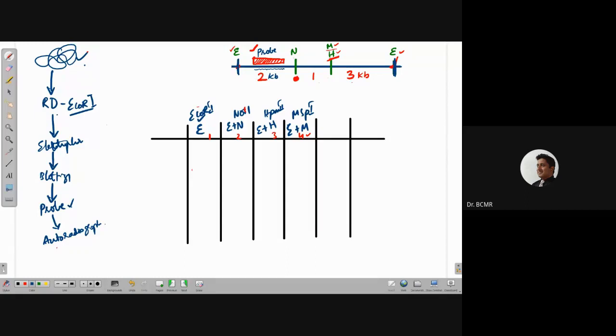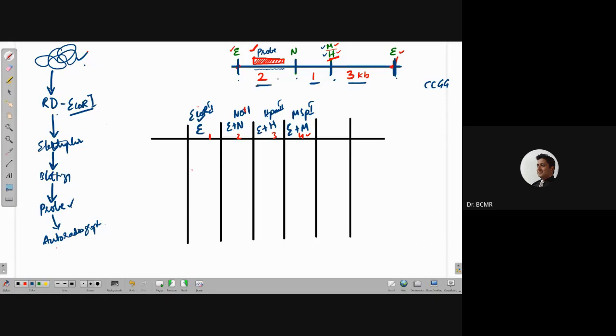And here is a NotI site, and here is HpaII or MspI. They recognize the same sequence, CCGG. The only difference is about methylation, and we are not talking about that now. The distance between the two EcoRI sites is 6 kb, the NotI and HpaII sites are 1 kb apart, and EcoRI and NotI are 2 kb apart.